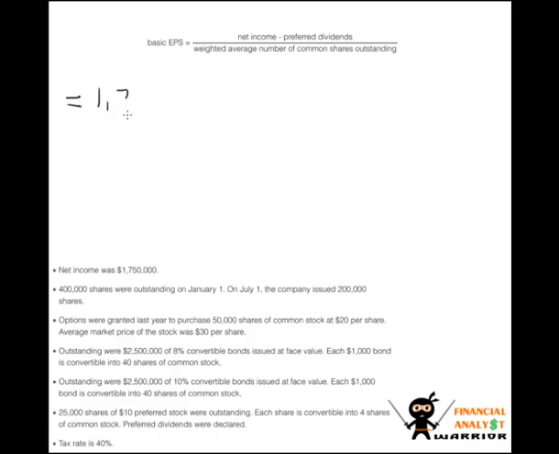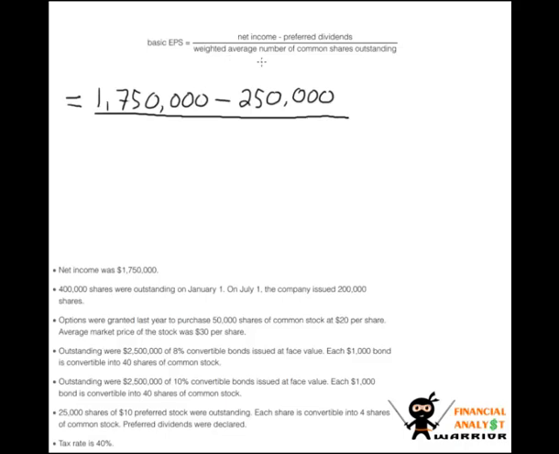So 1,750,000 minus the preferred dividends, and you have here 25,000 preferred stock, each paying a $10 dividend per year. Therefore, it's 250,000. The reason why you subtract the preferred dividend is preferreds, as you know, get paid before common shareholders. Therefore, you have to subtract this amount.